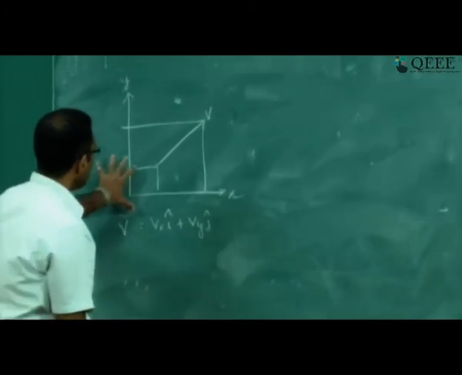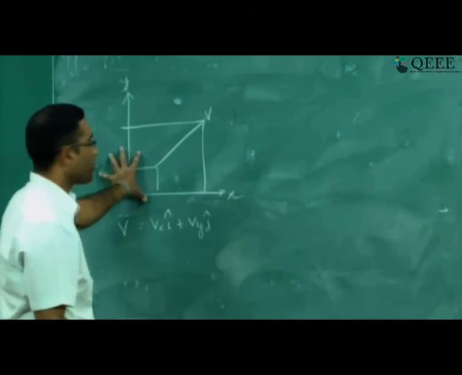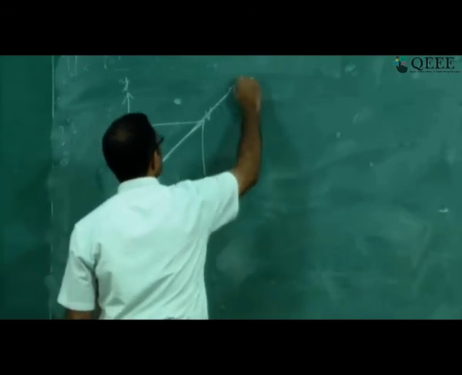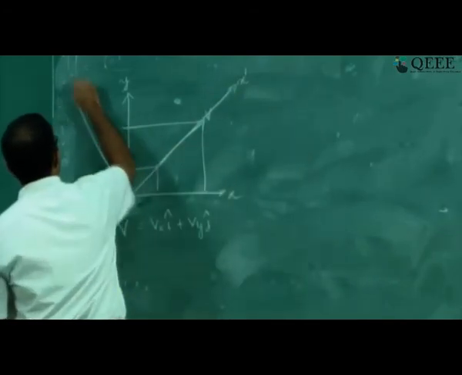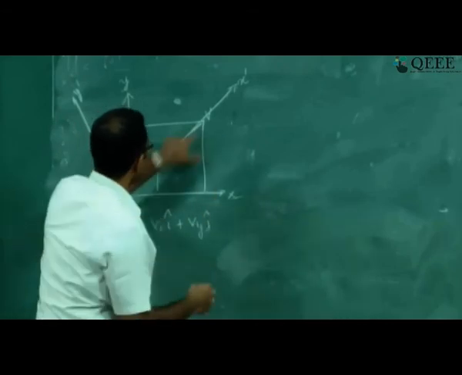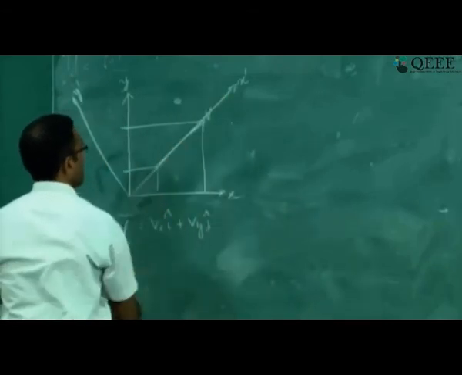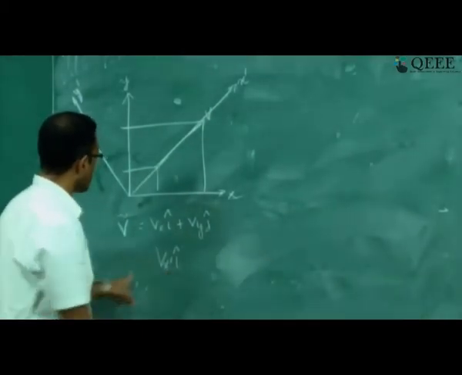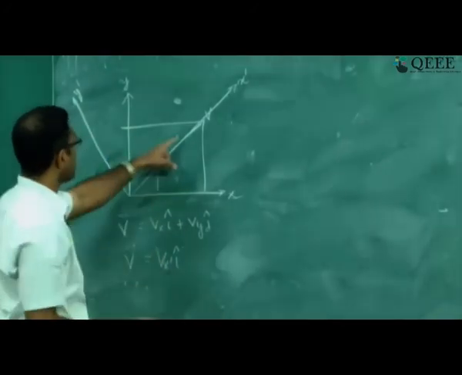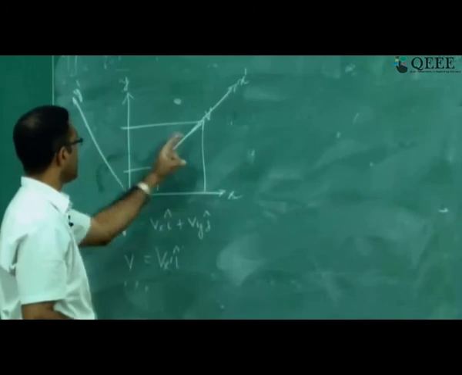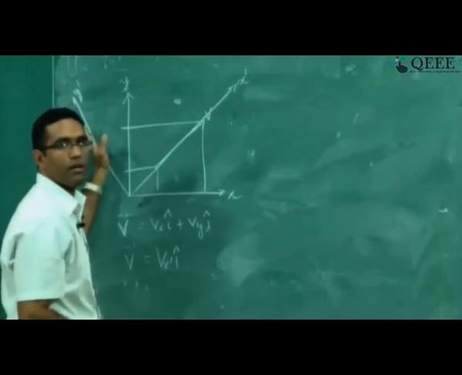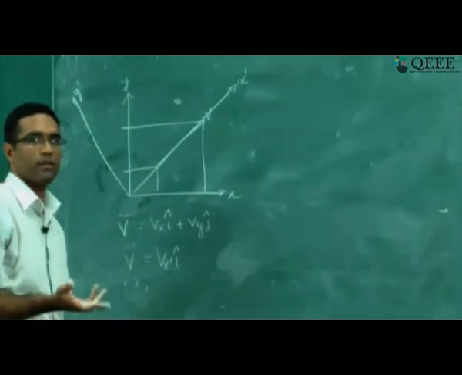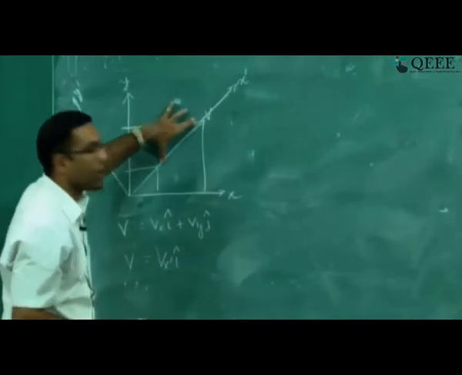Now imagine I keep rotating this frame of reference in such a way that the new x-axis coincides with this vector. What will be the component in the new x direction? It will only be vx prime times some i cap. There will be only one component for this vector, because in the rotated frame it has no component in the y direction. Have you lost any information concerning v? You have not. V is still the same vector, it still has the same magnitude.